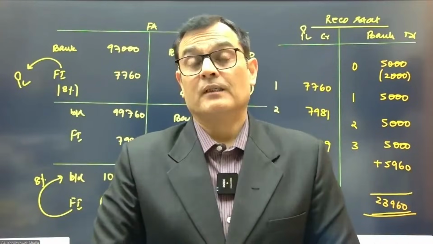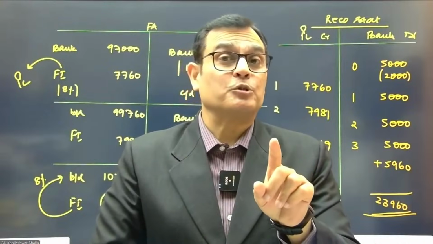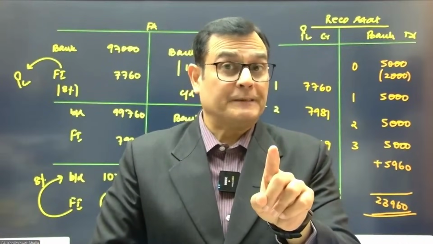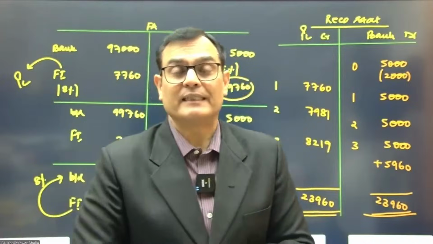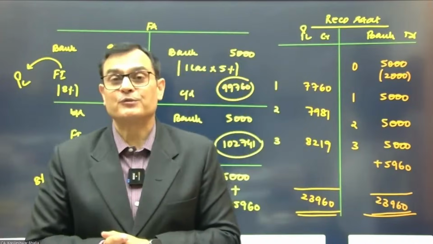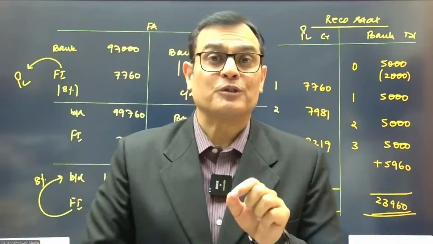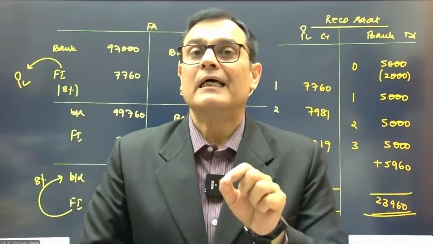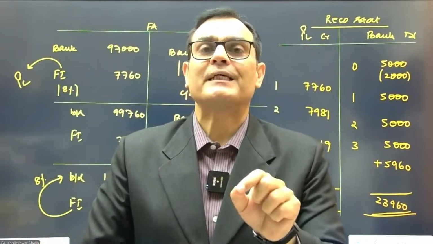Because even in Ind AS 23 on borrowing cost, the interest which you capture is supposed to be the interest rate computed as per 109, which is called the effective interest rate. This is what is called EIR, the effective interest rate, which is hidden in the deal. IRR for finance and EIR for financial reporting are the same.